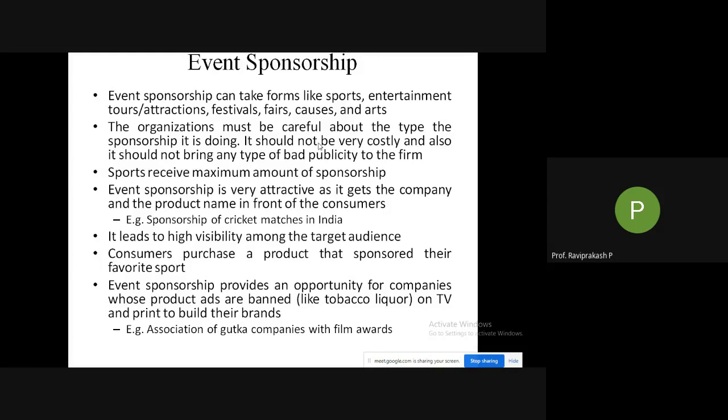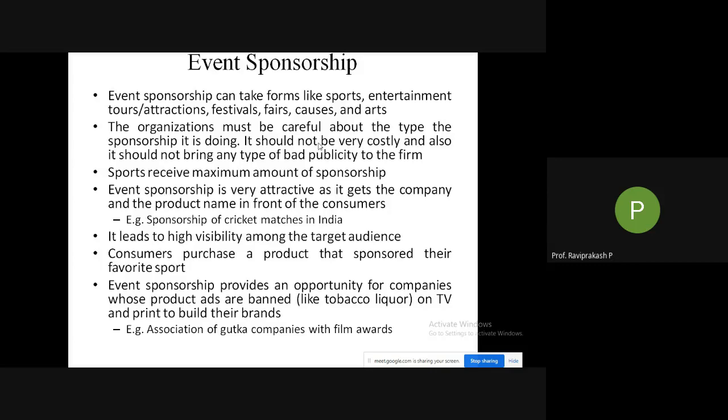Then event sponsorship provides an opportunity for companies whose product ads are banned, like tobacco, liquor, and all. So you cannot have a direct advertisement. What they do is they basically sponsor the events. On TV, if you see some music awards, or any kind of event that a particular TV channel does at the time of fairs or festivals, they are having some programs which these people usually sponsor.